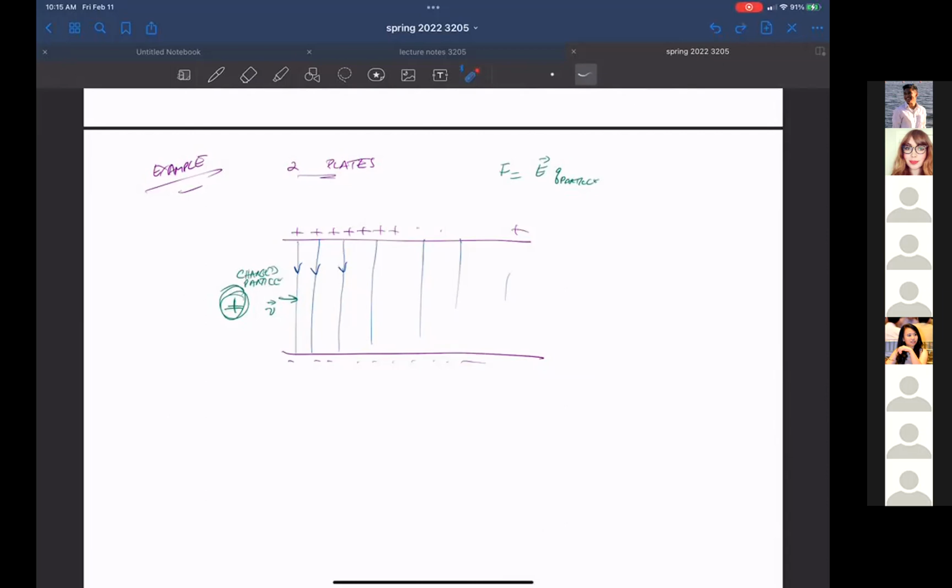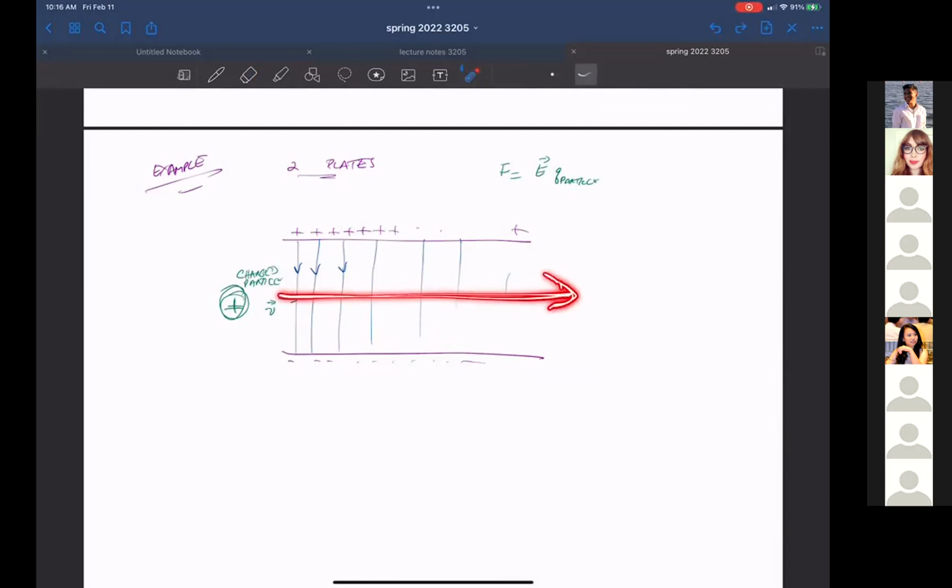So if there is no acceleration, there's no change in velocity. Meaning that there's no force in this direction, horizontally. So the velocity in this direction doesn't change.